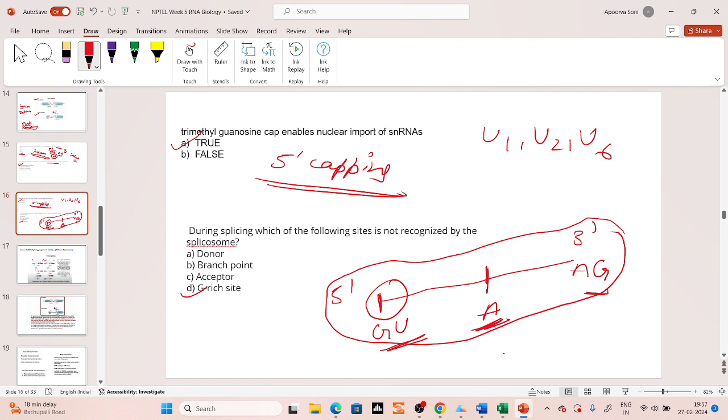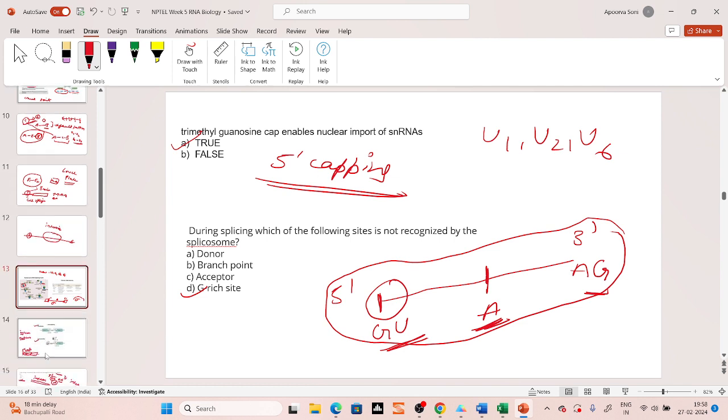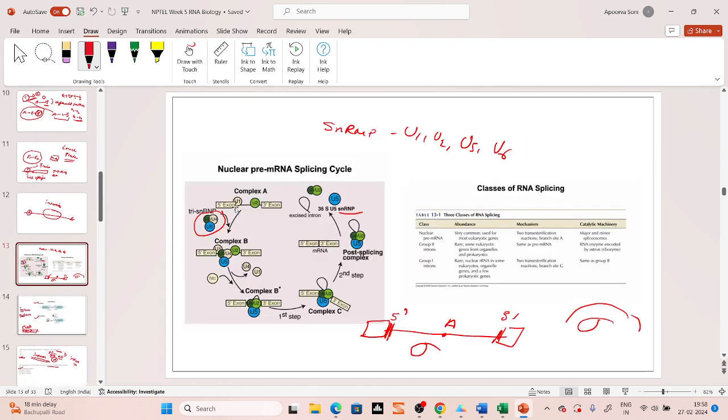So the G-rich region is the region which is not recognized by the spliceosome complex. This is the donor, this is the acceptor, this is the branch point. These are recognized, as we have just seen in this diagram: U1 sits here, U2 sits here, and then some other complexes come to the branch point. So these all are recognized.